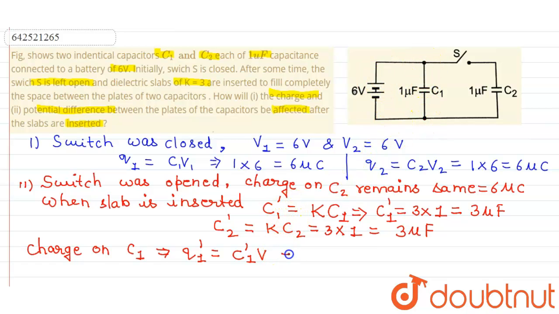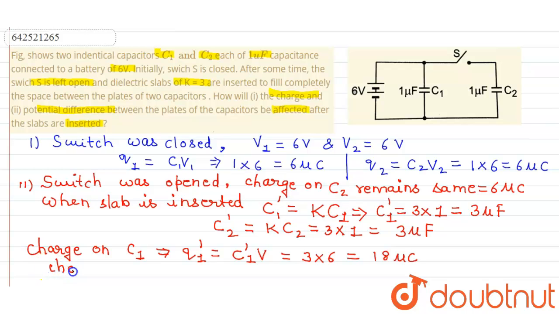The new capacitance is 3, the potential difference is still 6, so the new charge on the C1 capacitor will be 18 microcoulomb.